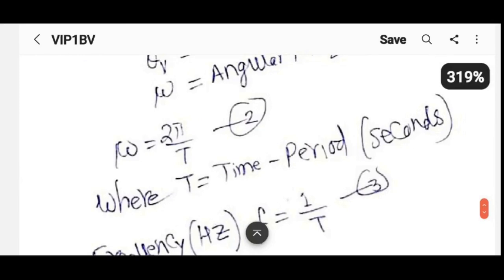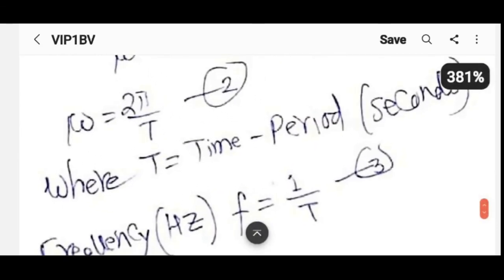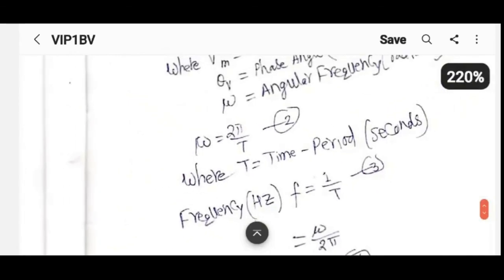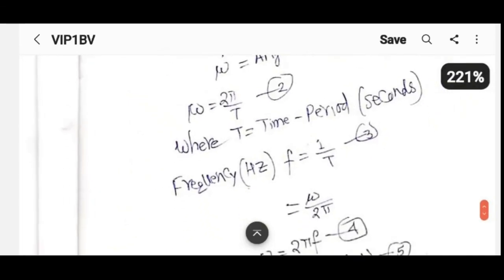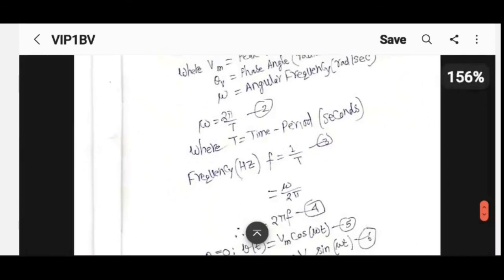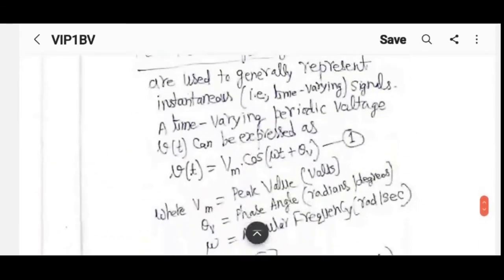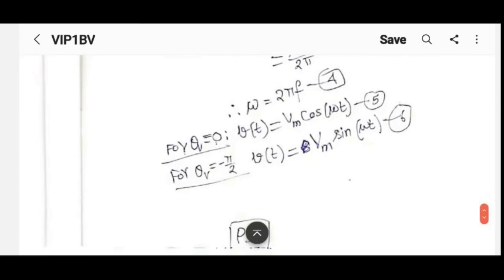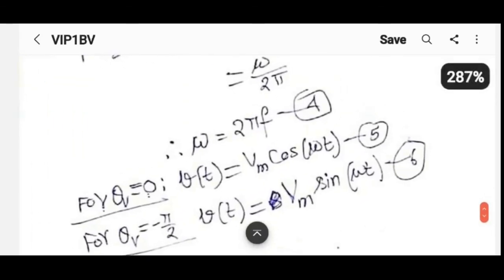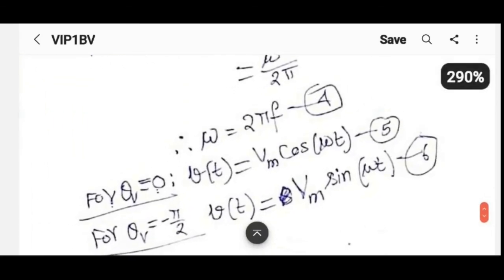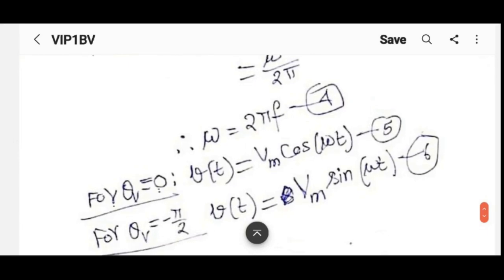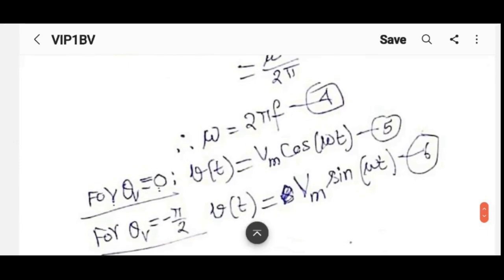If the time period is capital T, then omega is defined as 2 pi divided by capital T. And time period of the signal is related to frequency by equation 3. These are some basic equations concerning equation 1. Suppose theta V is 0, then small v is simply Vm cos omega t.